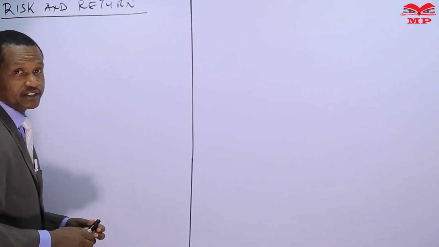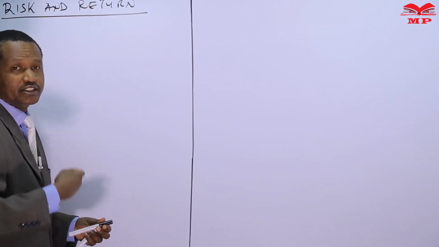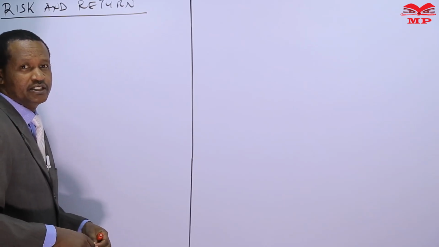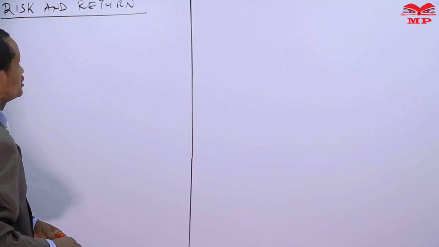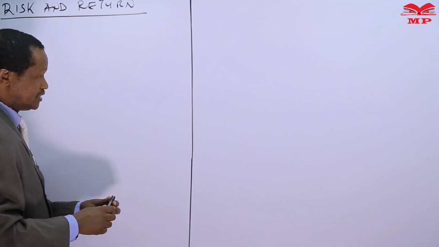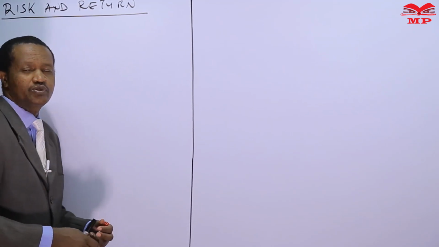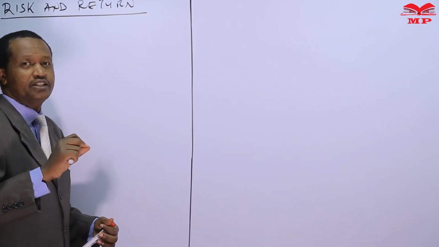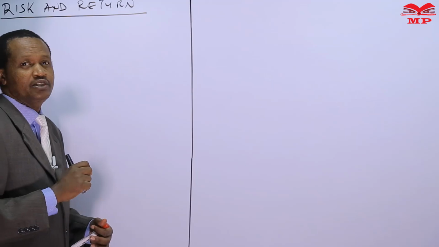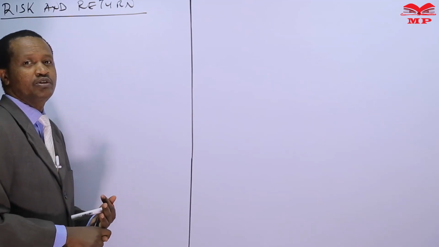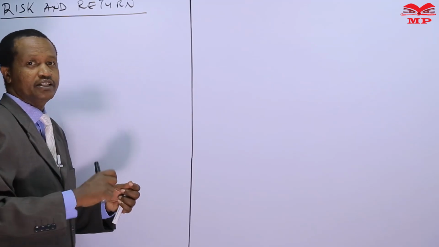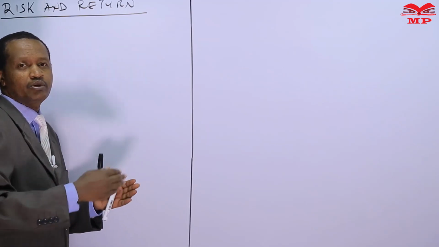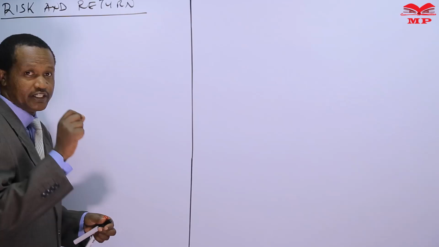We looked at an example last time that helped us to understand how to estimate expected return. We said that to estimate expected return, you need to come up with possible returns together with the respective probability of outcome of that return.